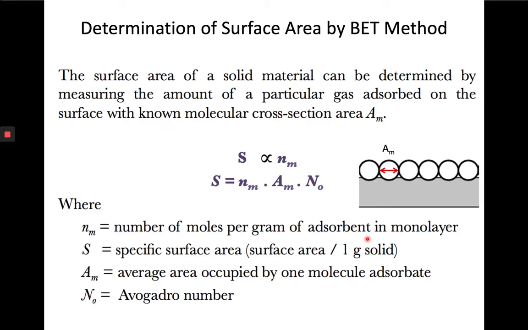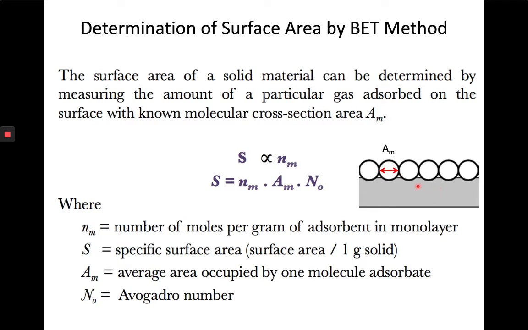The surface area of the solid sample can be determined by measuring the amount of a particular adsorbed gas with known molecular cross-section area. Maksudnya kalau kita tahu cross-section area of the gas, which is Am, then darabkan dengan bilangan gas yang adsorb, then we can calculate the solid surface area.